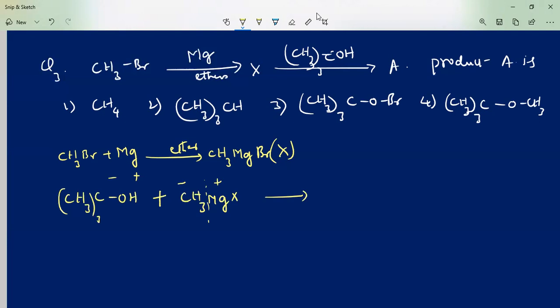The alkoxide separates as a nucleophile, and CH3 attaches to H plus to give CH4. The byproduct is Mg(OC(CH3)3)Br. So CH4 is the major product, and methane is the right answer for this question.